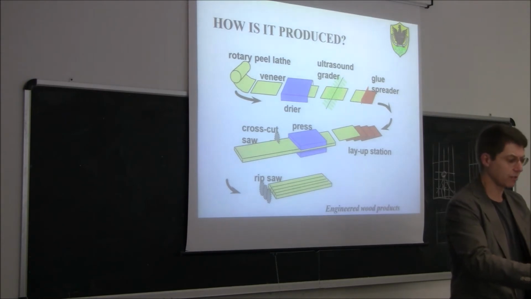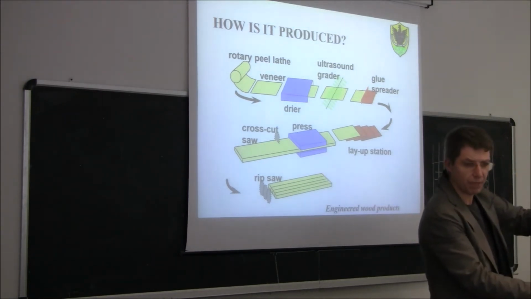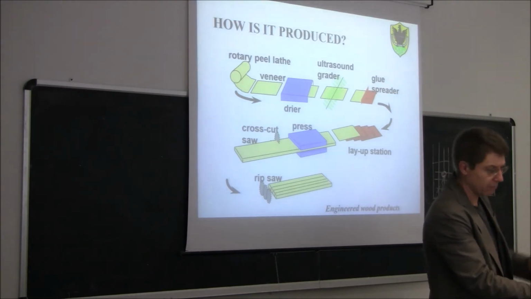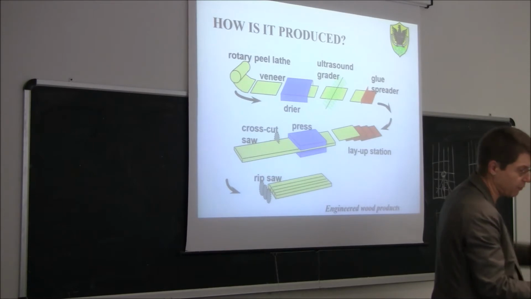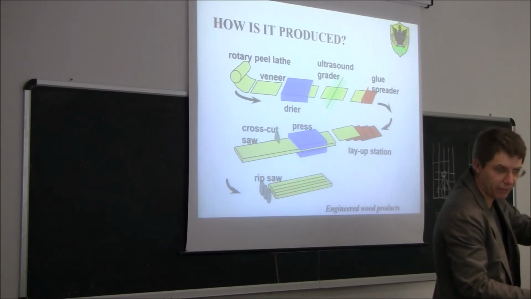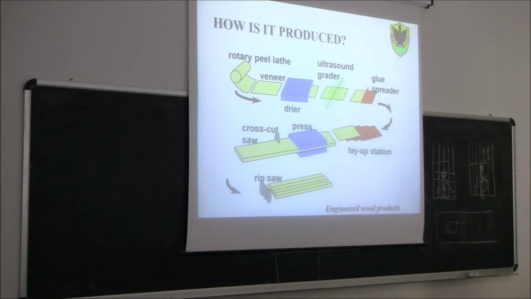The result is this LVL, which is very good and stiff in the longitudinal direction, and of course perpendicular to the grain is very poor. So we get a highly anisotropic product, like timber. Okay, because all the veneers are glued together in the parallel direction, in the best direction.